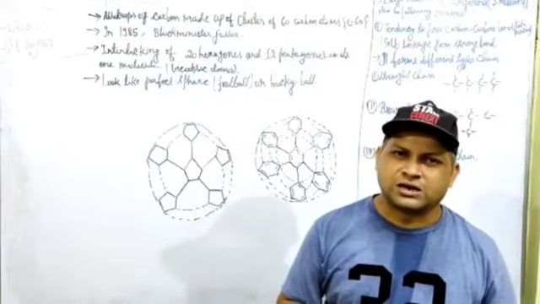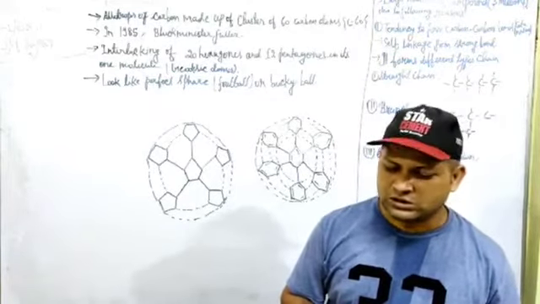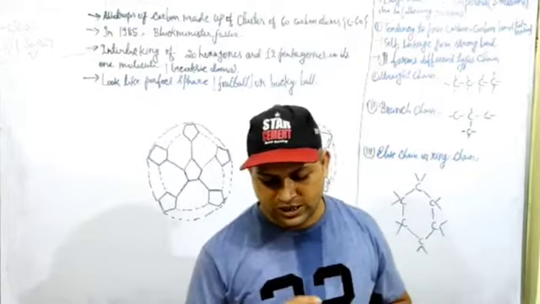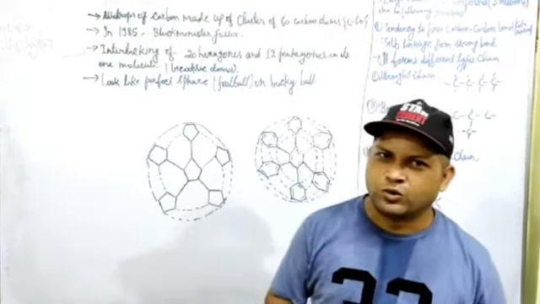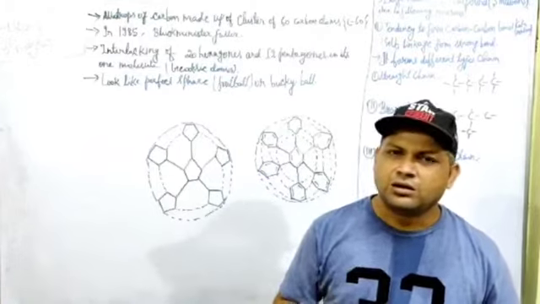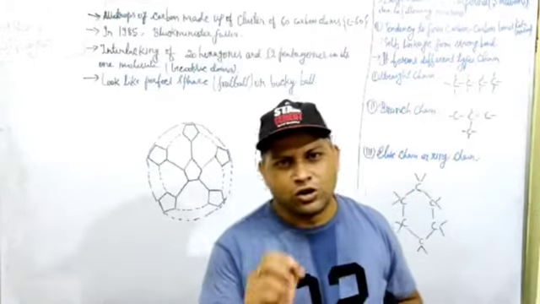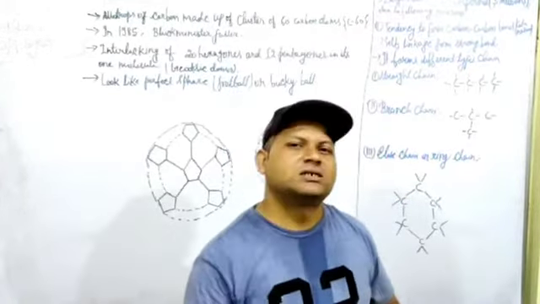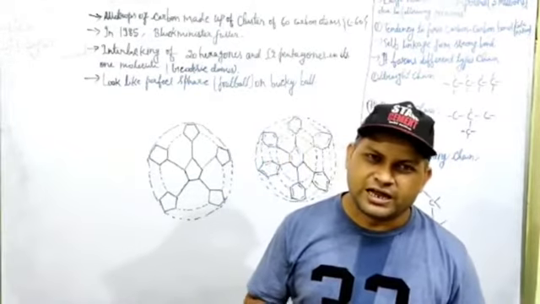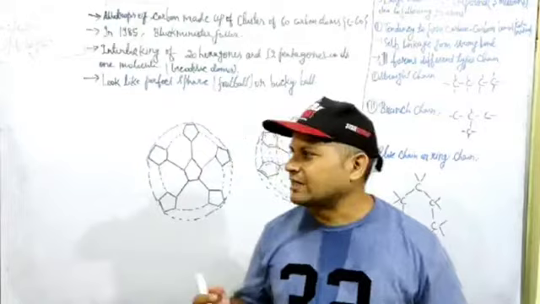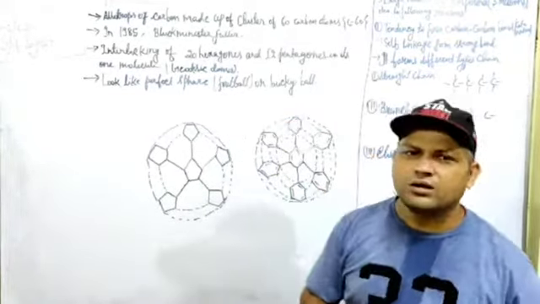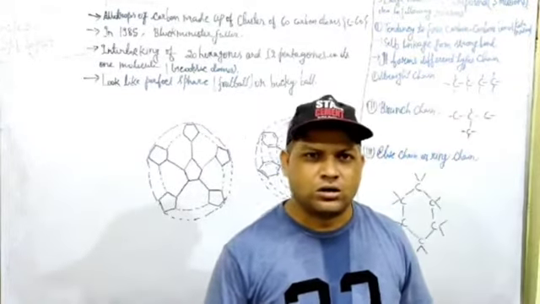If it is interlocked with hexagonal structures, then there are 20 hexagons in one buckyball, and if it is interlocked with pentagon structures, then there are 12 pentagons in one buckyball.